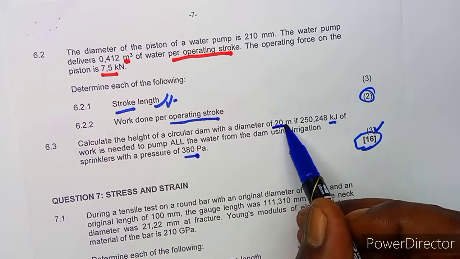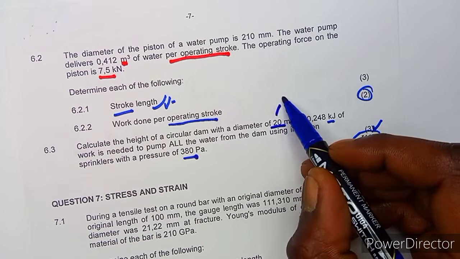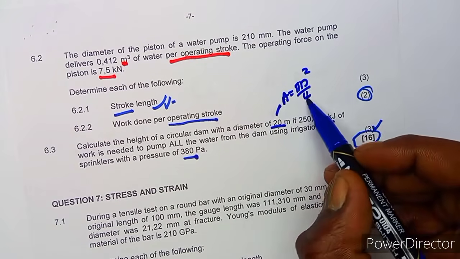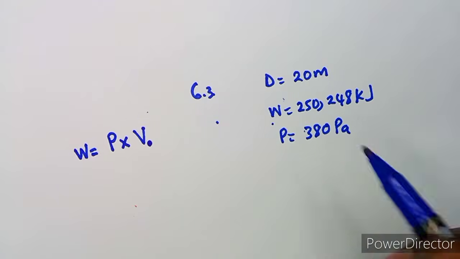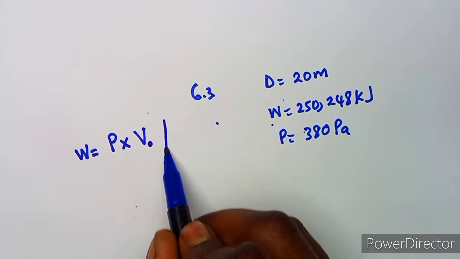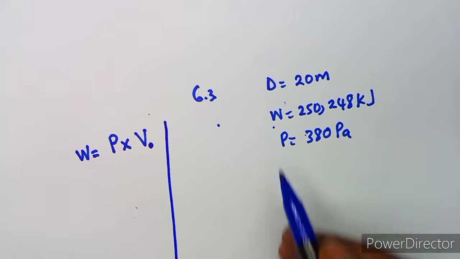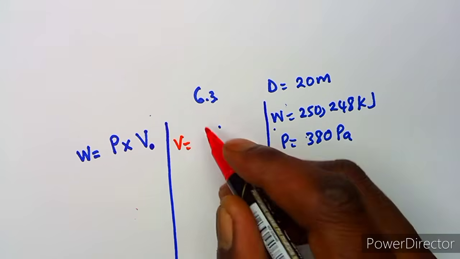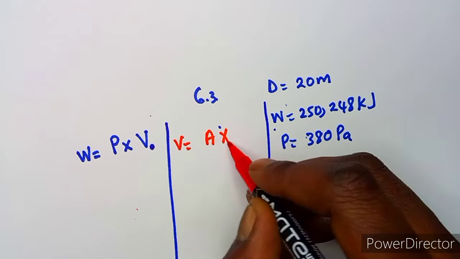If we are given diameter, we can get the area, because area is equivalent to pi d squared over 4. We also know that volume is equivalent to the area times the height.